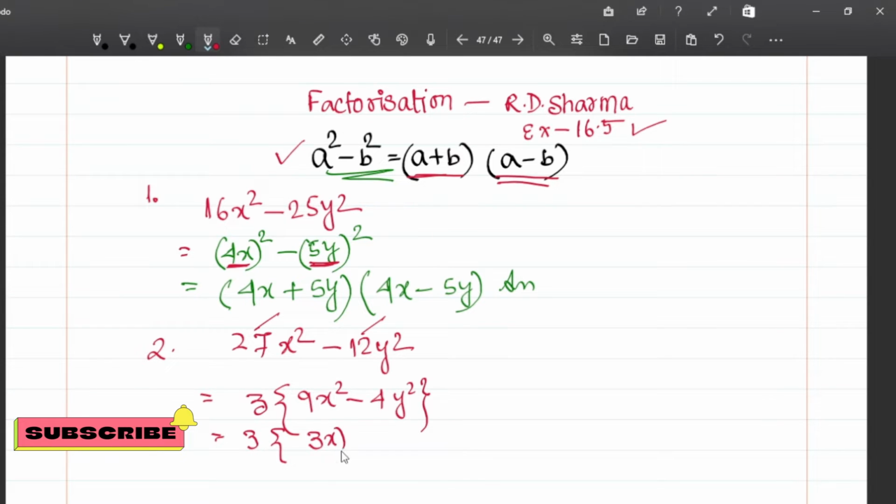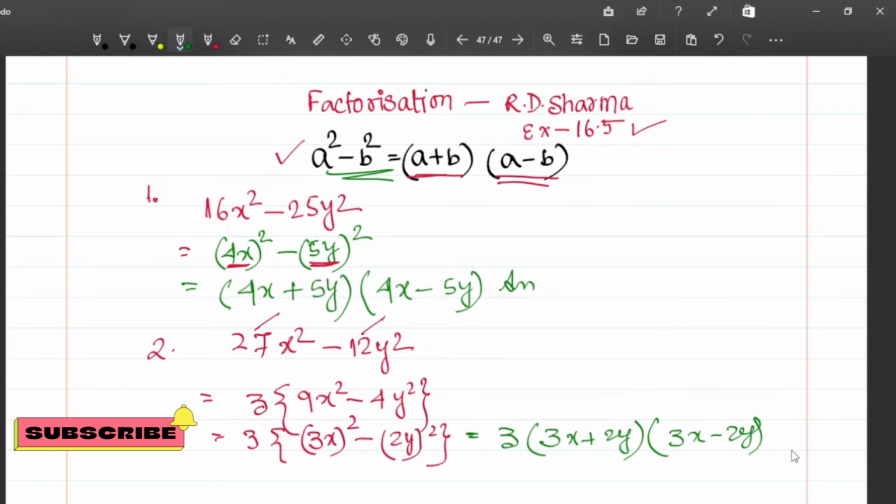So 3x whole square minus 2y whole square. So now expand with the formula: 3x plus 2y multiplied 3x minus 2y. So this is your two factors.